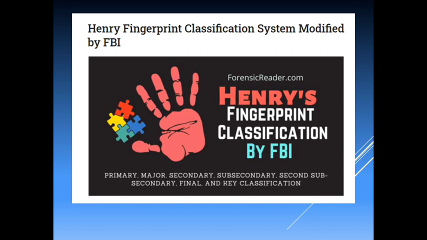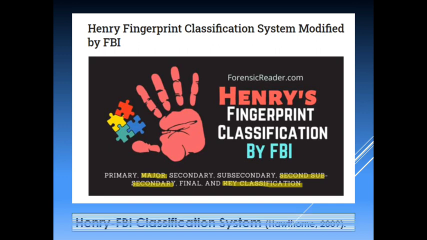It was later added with the key classification and the major classification, and even the second sub-secondary classification. Hence, because of that, it is now commonly called the Henry FBI classification system.